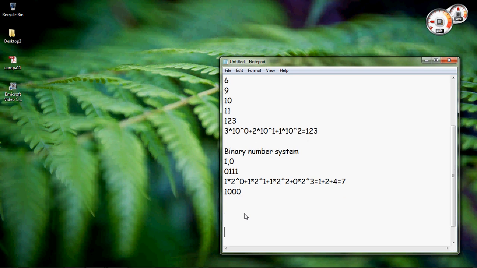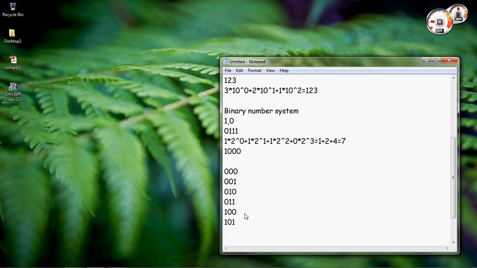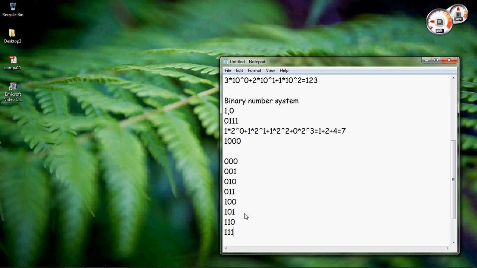So you can represent any number; I will show you an example: 0 0 0 0 1 1 1 0 0 1 0 1 1 1 0 1 1 1.